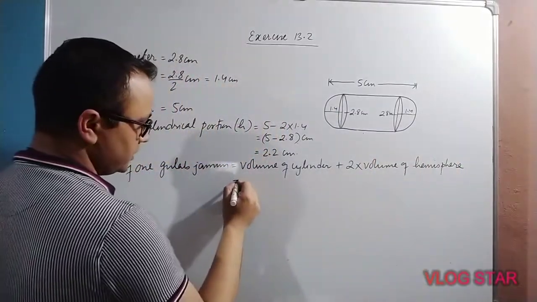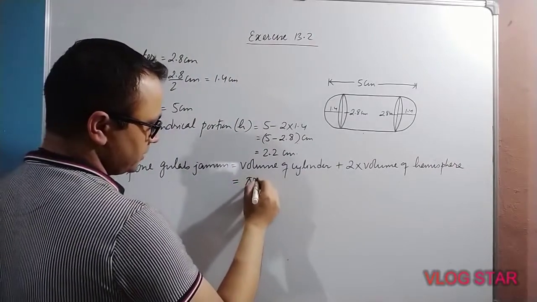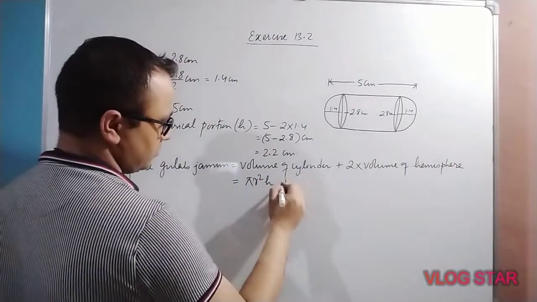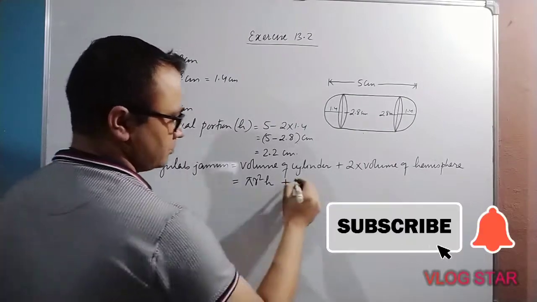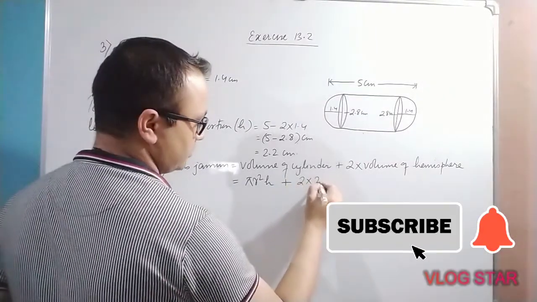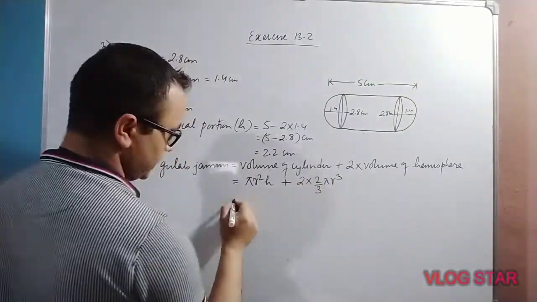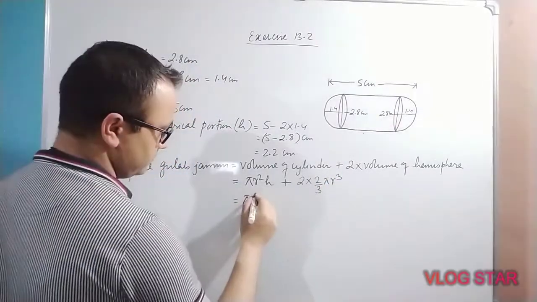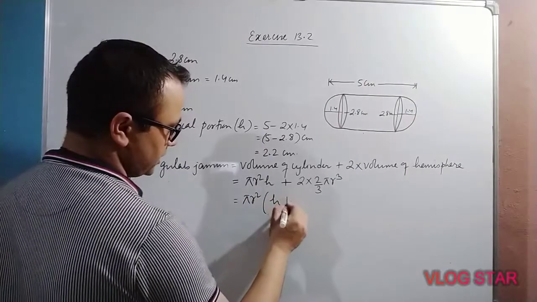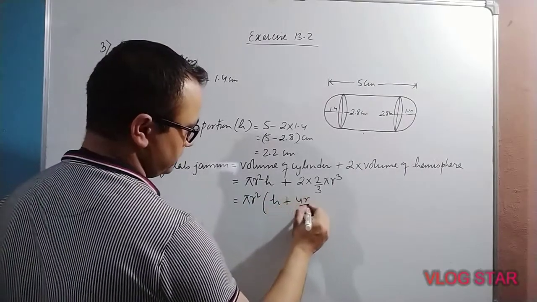Volume of cylinder is pi r square h, plus 2 into volume of hemisphere is 2 by 3 pi r cube. Now we can take pi r square common. Here it is h plus 4r by 3.